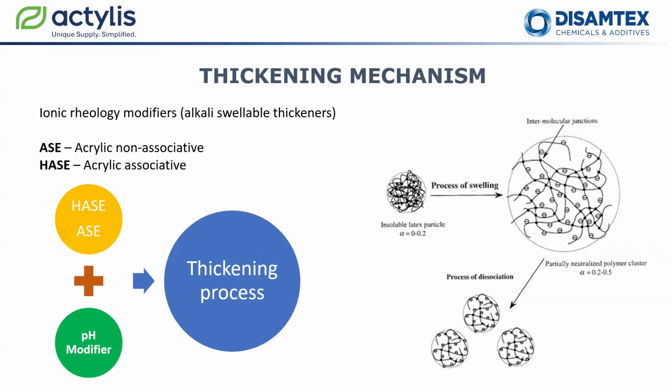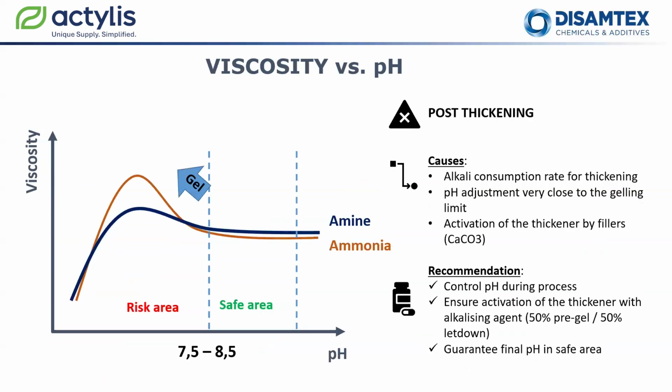So their molecular structure changes with pH, altering how they interact with water and other paint components. So the correct thickener and pH selection ensures that the paint has the right viscosity profile at each stage. This relationship between viscosity and pH is very important for understanding how the paint behaves.